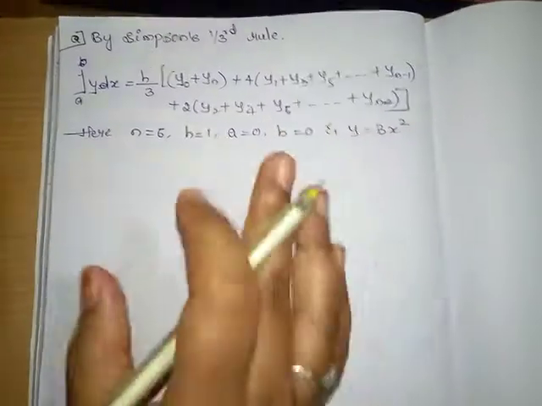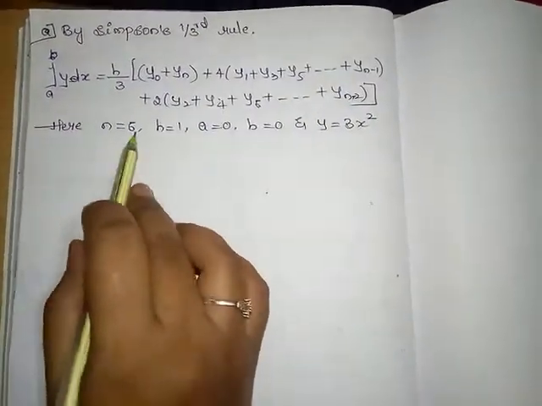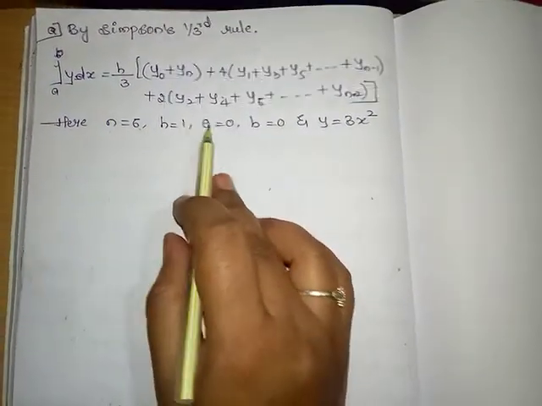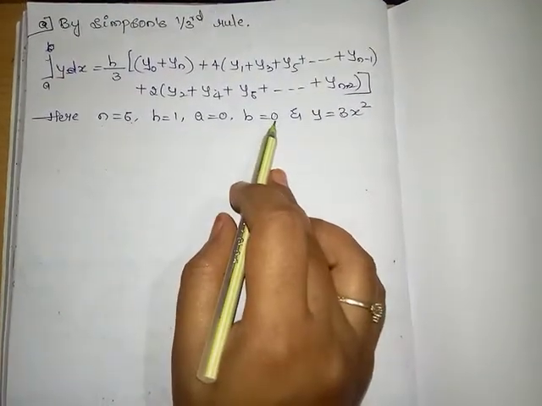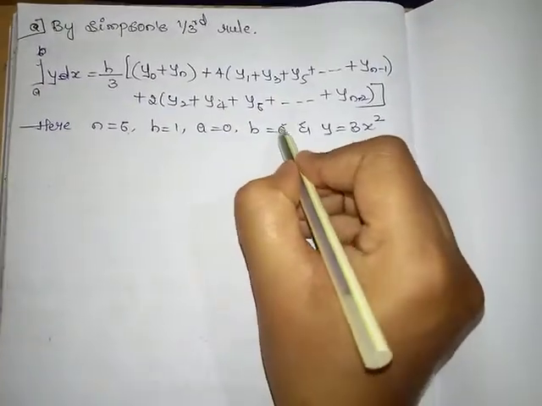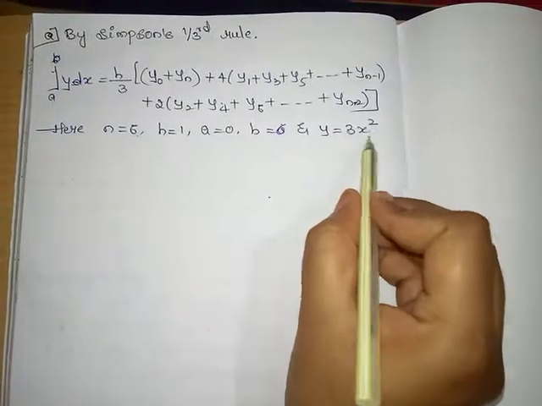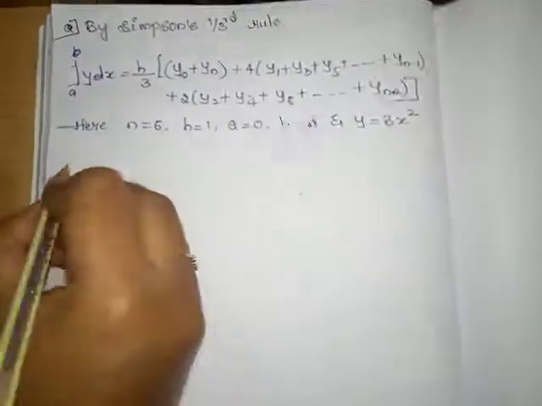This is the formula. And for this given example, n is equal to 6, h is equal to 1, a is equal to 0, b is equal to 6 and the function y is equal to 3x square.